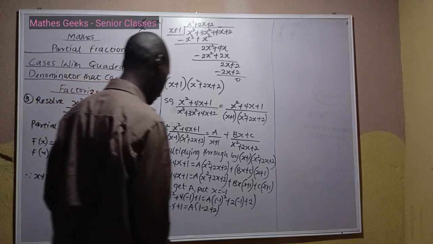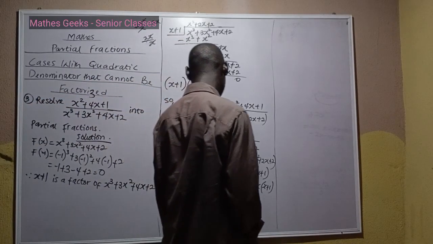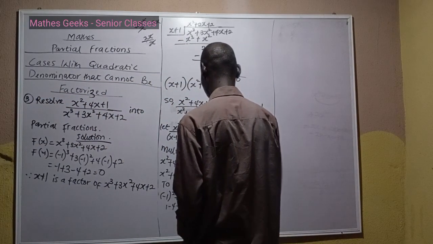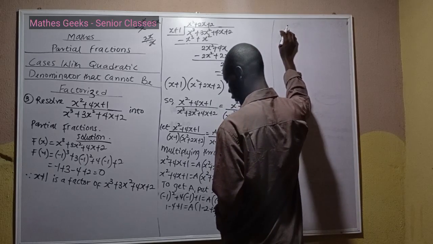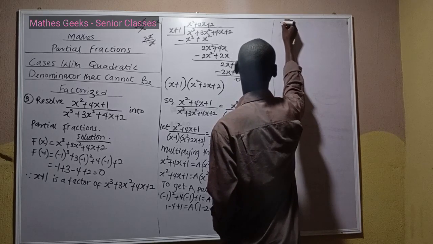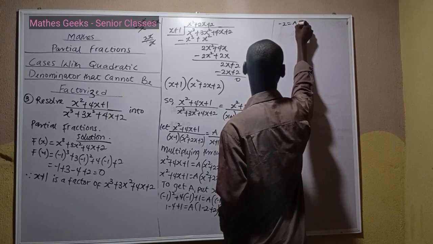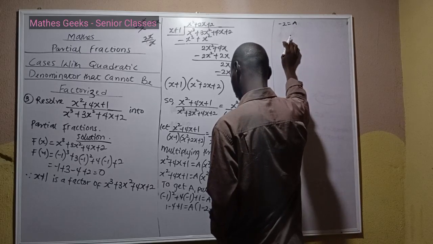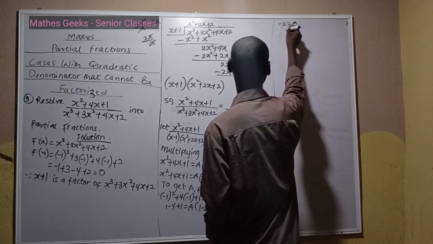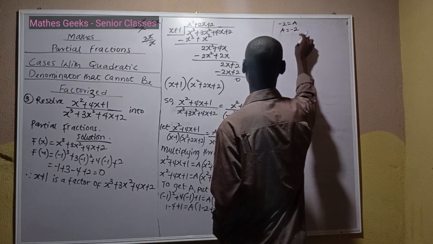So here minus 2 plus a is 0, 1 a. So minus 2 is equal to a. So a is equal to minus 2.